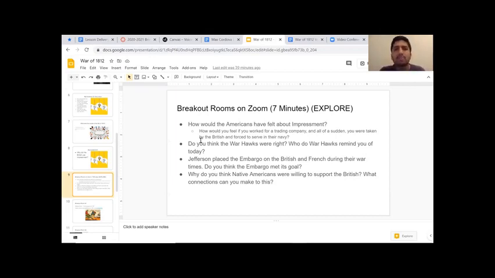And another question before we get into breakout rooms: Jefferson placed the embargo on the British and French during their war times. Do you think the embargo met its goal prior to 1812? That's what they're going to really discuss. And why do you think Native Americans were willing to support the British?